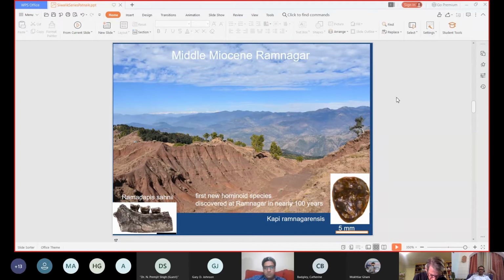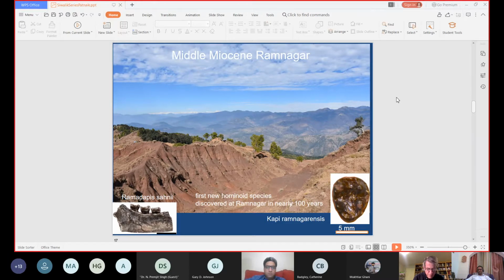Then we have also found a sivaladapid, which we named Ramadadapis. When we look at the fauna of the Siwaliks, particularly the Ramnagar area, the fauna overall looks very similar to the Chinji type locality. Because we do not have a paleomag date here, we have used Chinji biostratigraphy to date our localities.